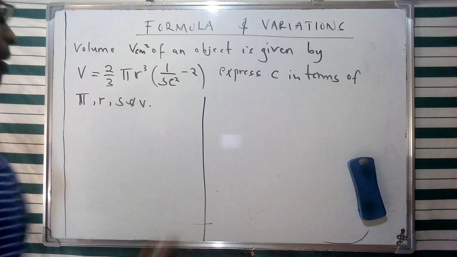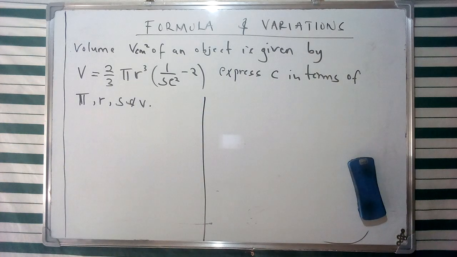In this particular case, this specific problem set comes from the topic of formula and variations, and we're going to see that there are various aspects of expressions which are going to vary directly, indirectly, and of course inversely, and other forms that we've come across.